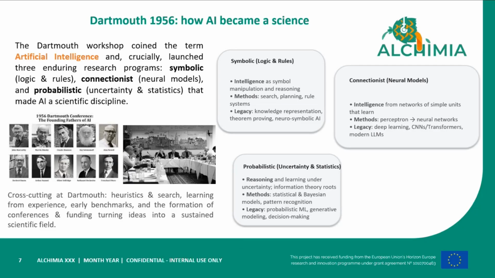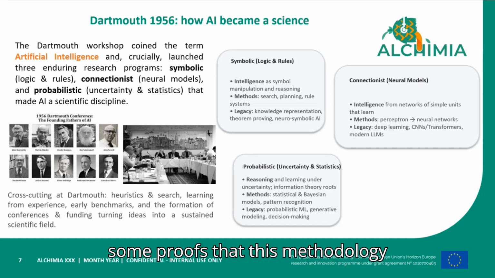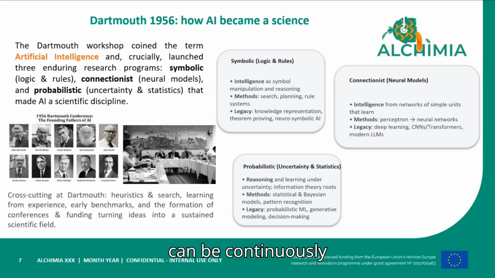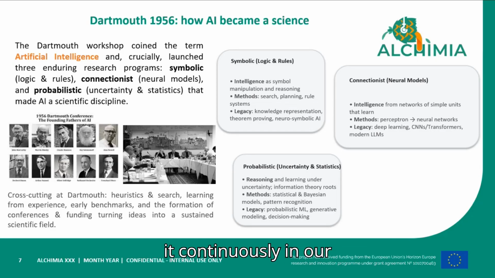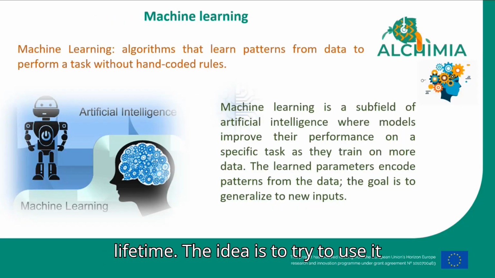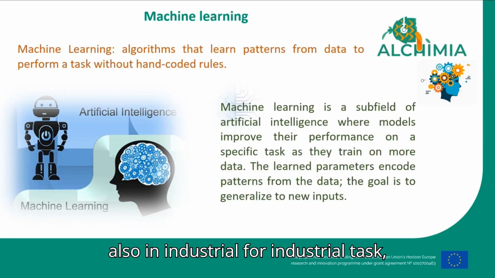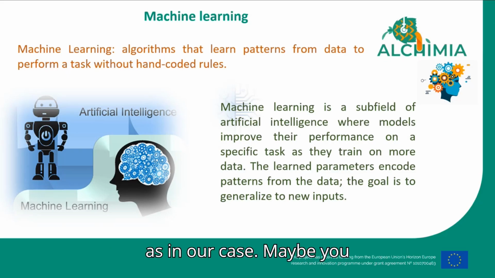In other terms, artificial intelligence: the first applications of artificial intelligence provided, let's say, some proof that this methodology can be continuously studied and improved, and improved, and in these days we are using it continuously in our lifetime. The idea is to also use it for industrial tasks, as in our case.